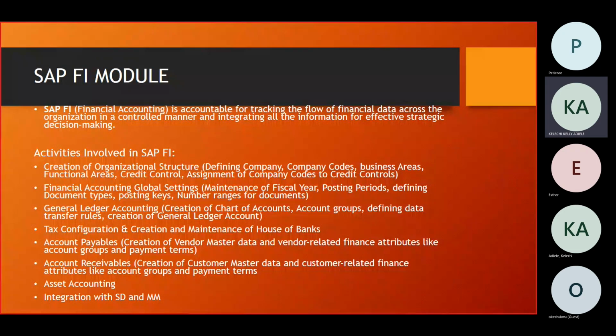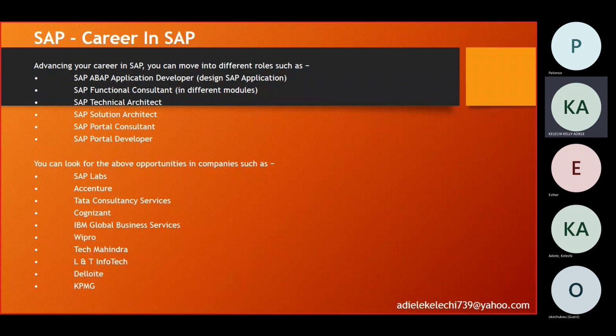The activities involved in the SAP FI module, of course, we're going to look at the org structure, the global settings, the general ledger accounting, tax configuration, payables, receivables, asset accounting, integration with SD and MM. But we'll look at the other modules as we move on.